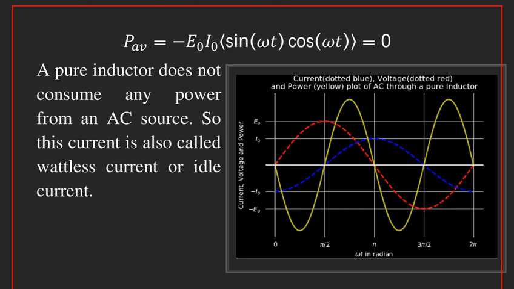But during the decay of current, for example, in the dotted line, from the angle pi by 2 to pi, the current increases, so the inductor receives power from the AC source, the power is positive. But from angle pi to pi by 2, the current decreases.